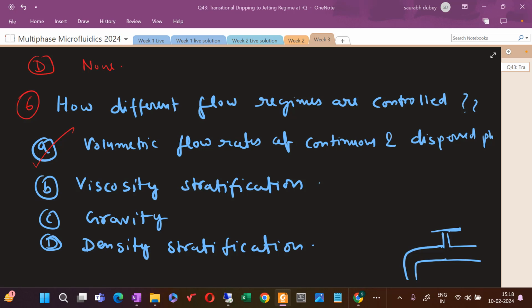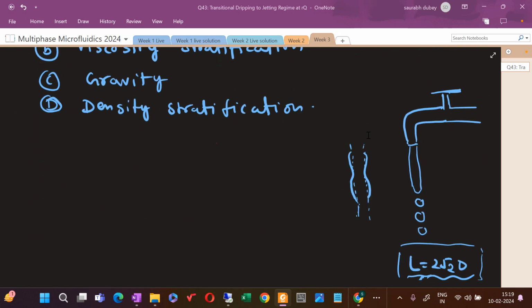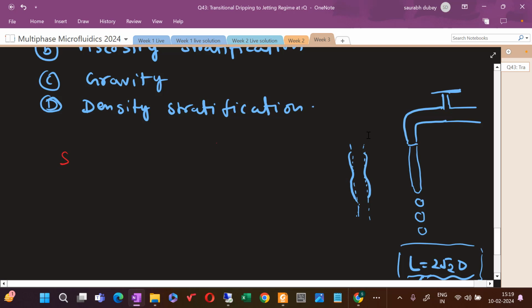Pressure drop is the main thing, and the squeezing regime happens at low velocity and small capillary number, like 0.01. If the capillary number is 0.01 or less, the squeezing regime will happen.